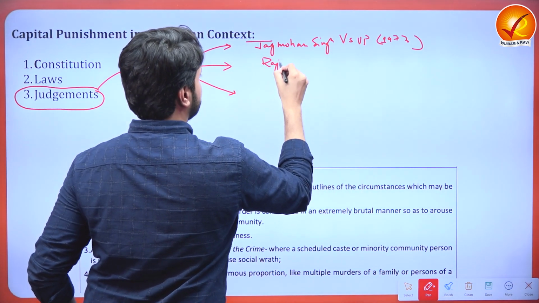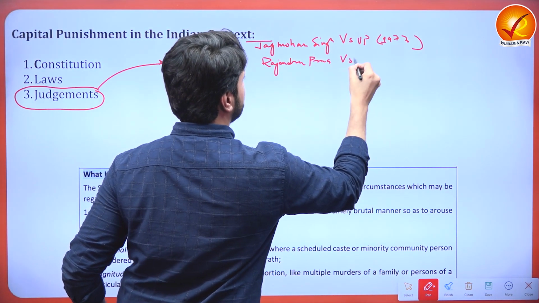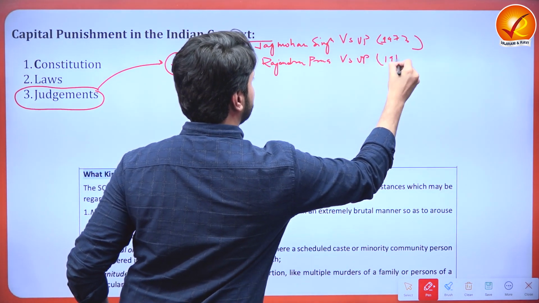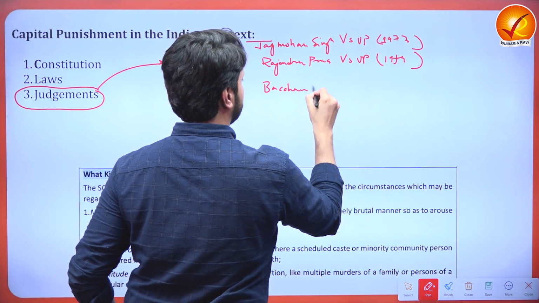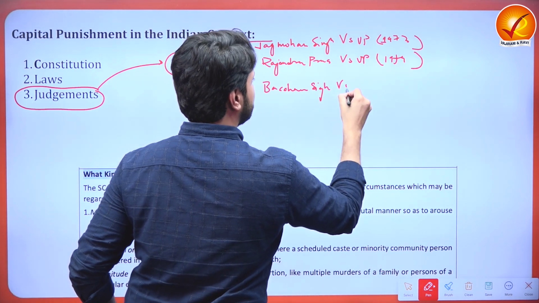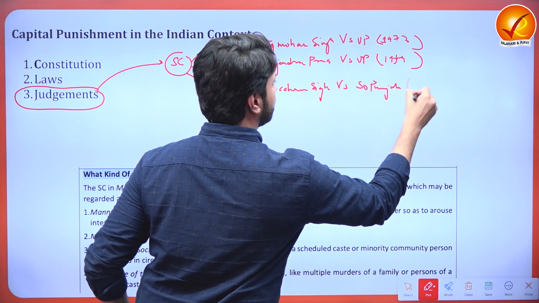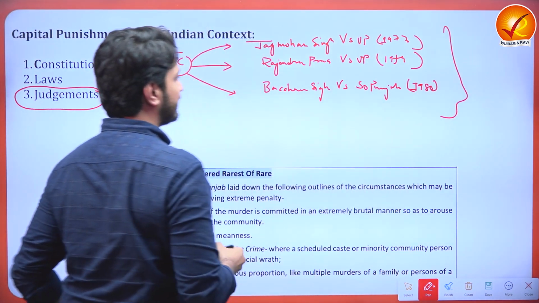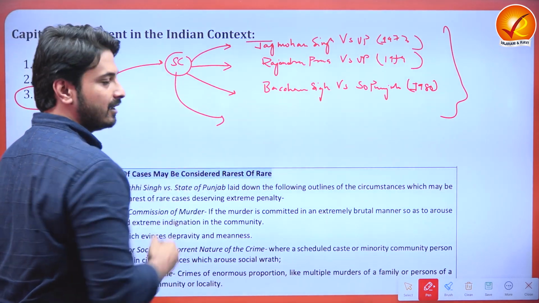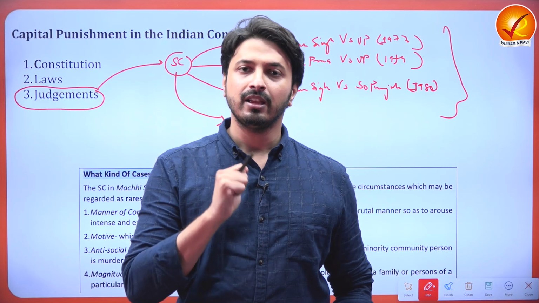Again, there is an important case, Rajendra Prasad versus UP, 1979. Another important case is Bachan Singh versus State of Punjab, which happened in 1980. In all these three cases, the Supreme Court basically upheld the validity of capital punishment in our country.